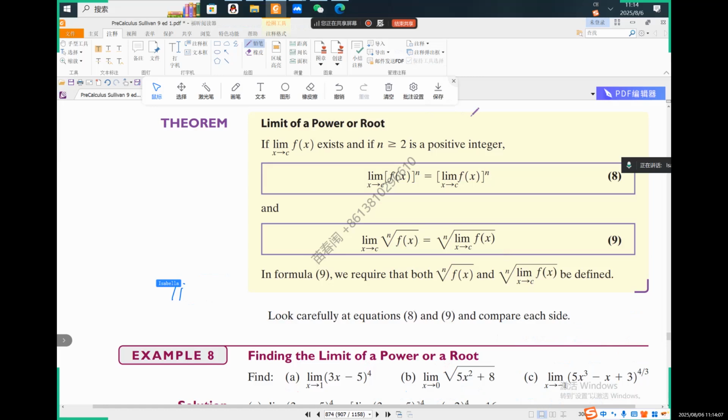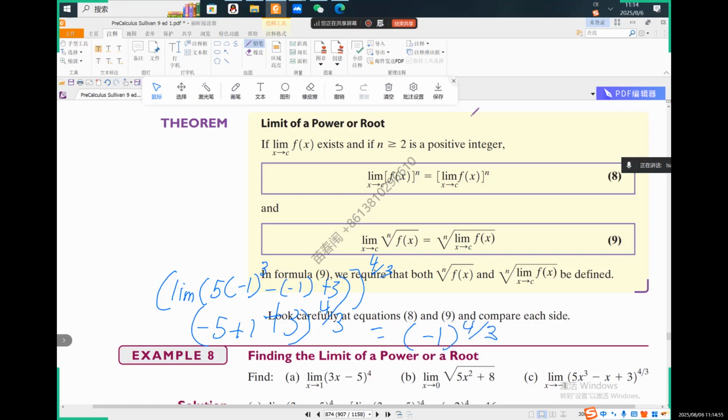Mine is -1. I tried it on a calculator. Oh, it's just -1.